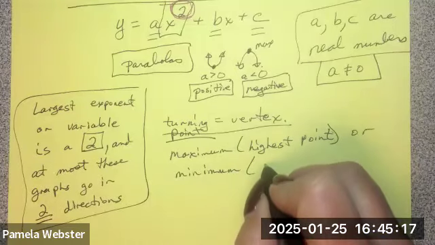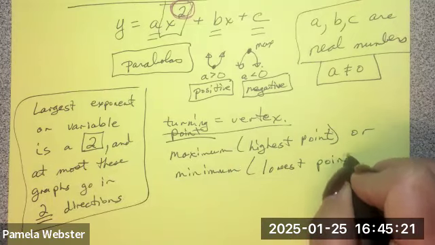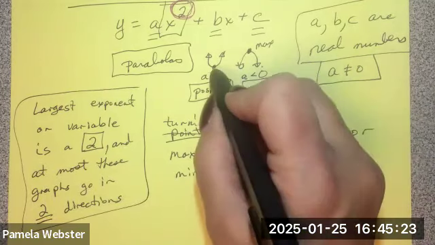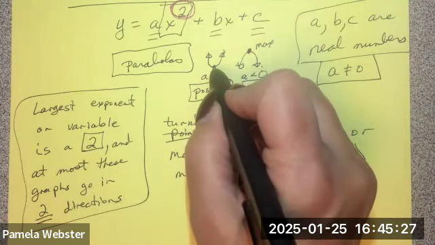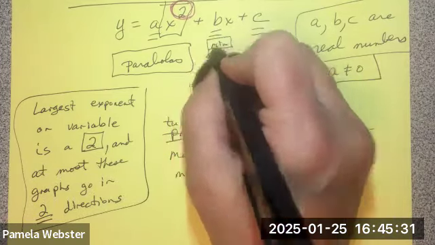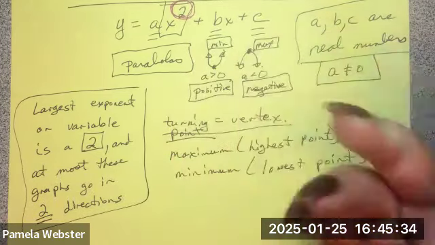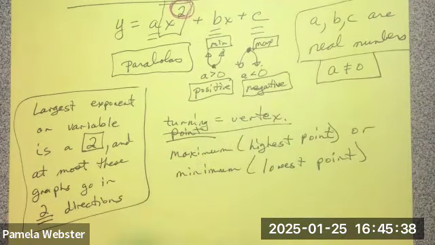Just like in our English language, the minimum is the lowest point. That would be right here. This one goes down and then up. This point right here is the turning point, and that is the very lowest point on the graph. So those are the two different things we're going to have when dealing with parabolas: you're either going to have a maximum or a minimum, and that's going to be the vertex.